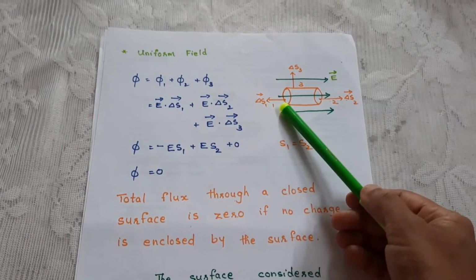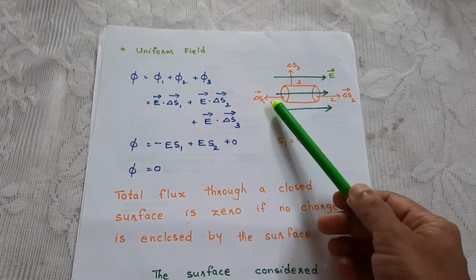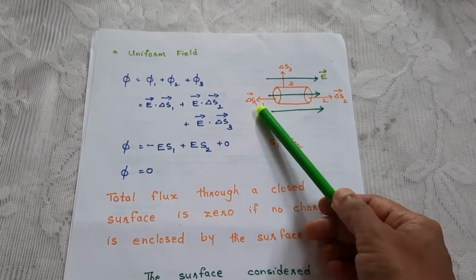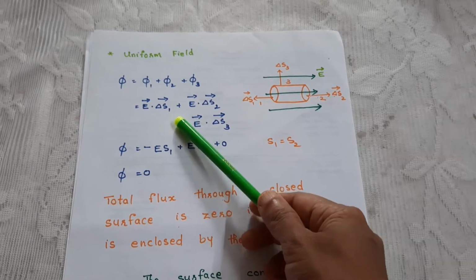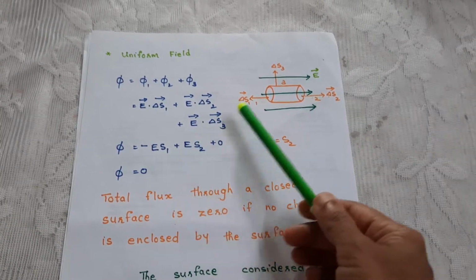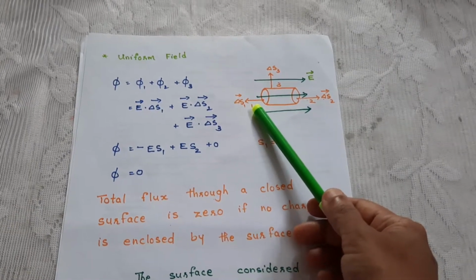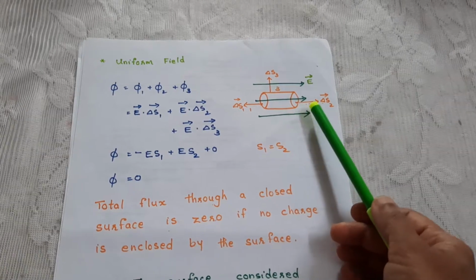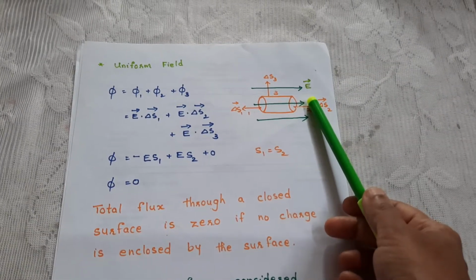For the left end face, the area vector is opposite to the electric field. So E dot delta S1 is minus E S1. S1 is the area of the end face. And for the second end face, the area vector is parallel to the electric field.